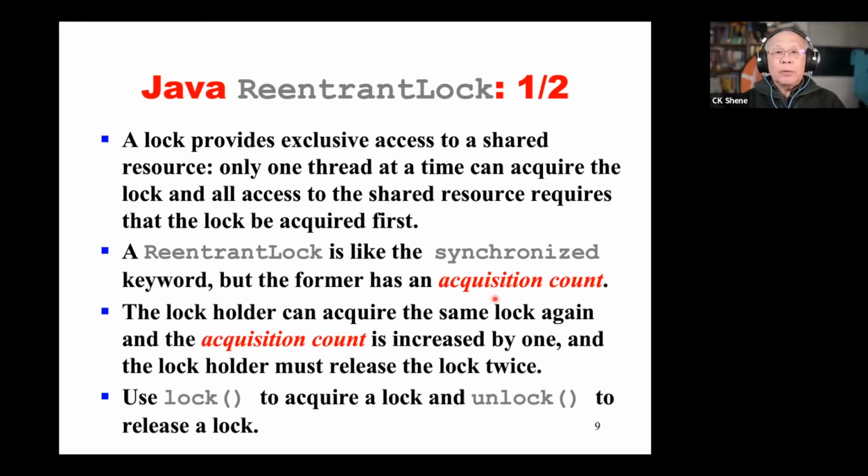If thread A acquires the lock again, the acquisition count becomes 2, and so on. When the owner of the lock releases the lock, the acquisition count is reduced by 1. Just like in thread manager, we use lock to acquire a lock and unlock to release a lock.